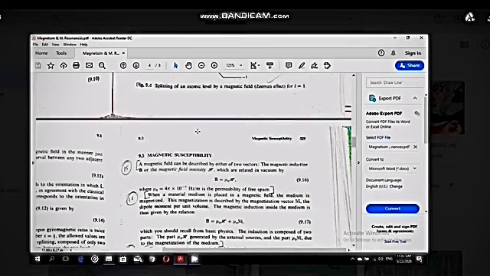So you must not confuse mu m with mu naught. Mu naught here is being represented to show the permeability of free space, and mu m is the Bohr magneton.